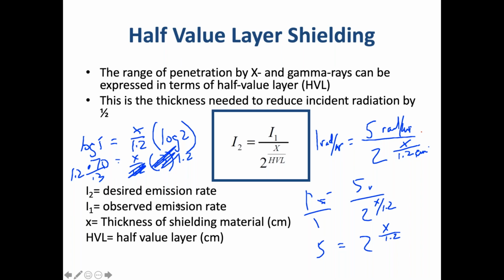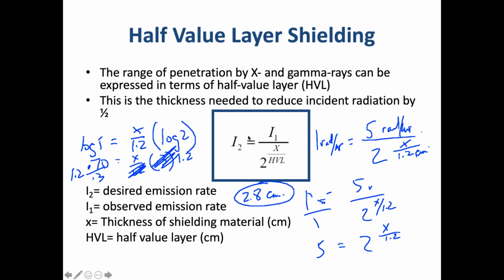And I have what X is equal to: 1.2 times 0.7 divided by 0.3. Can someone do that for me? 1.2 times 0.7 divided by 0.3, 2.8. So we need 2.8 centimeters of lead to cut that exposure in half.